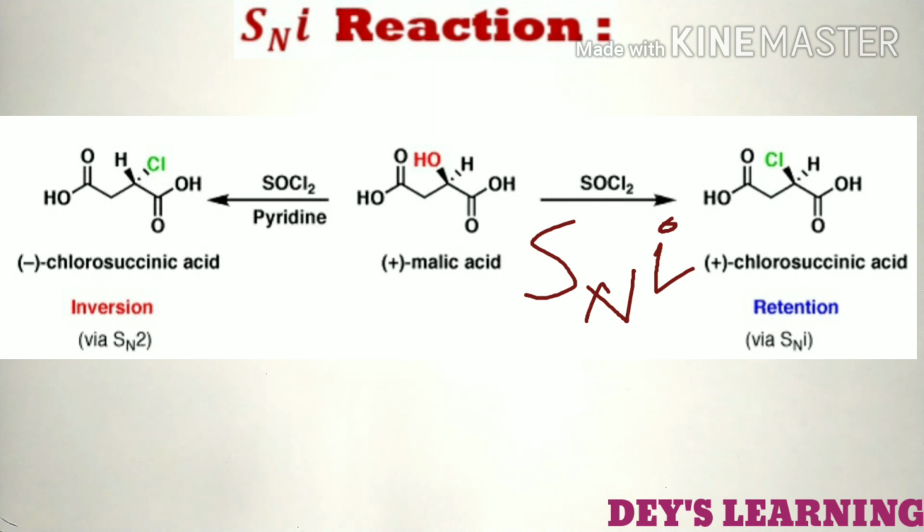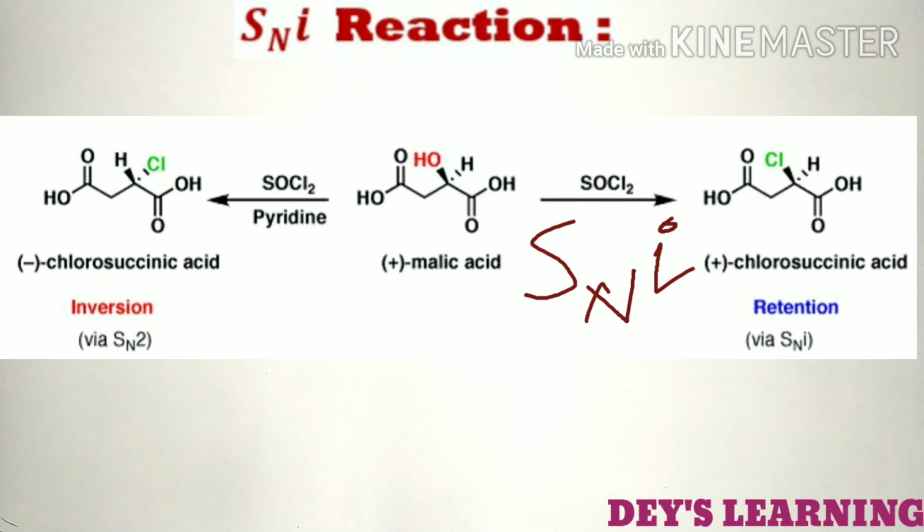So in presence of pyridine, we will get an inverted product by SN2 reaction, and in presence of only SOCl2, we get the retention product with SNi reaction.